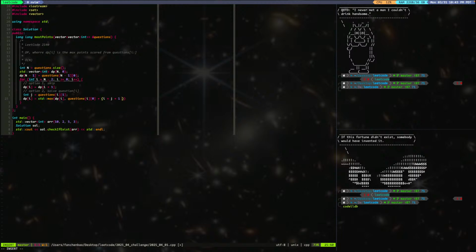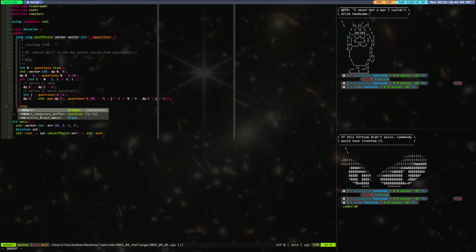Is it larger or equal to n? If it is not, and at the end we'll return dp[0].